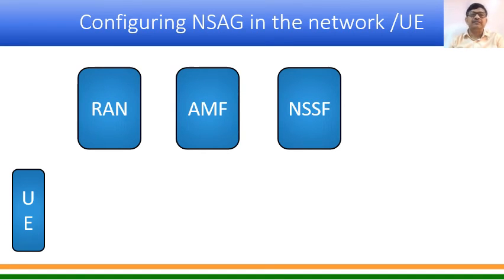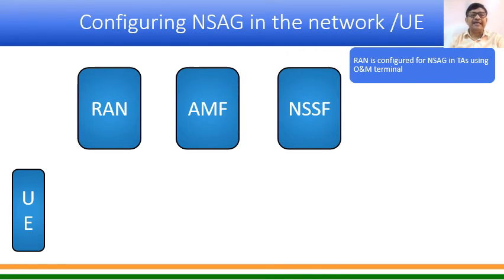Now let us look at configuring NSAG in the network or the UE. How will the UE or network have the information about NSAG? Whenever the radio access network is configured for the first time, you connect an OAM terminal and configure which NSAG it will support.